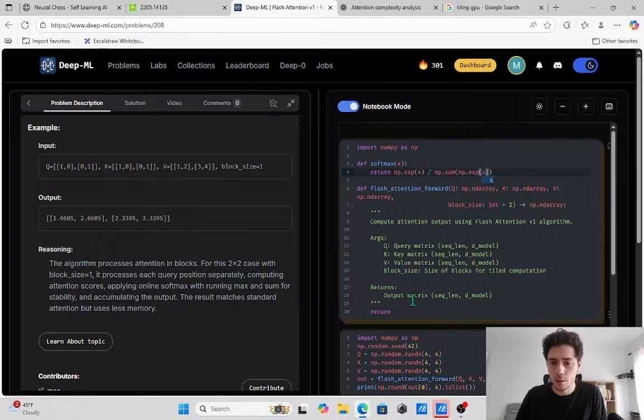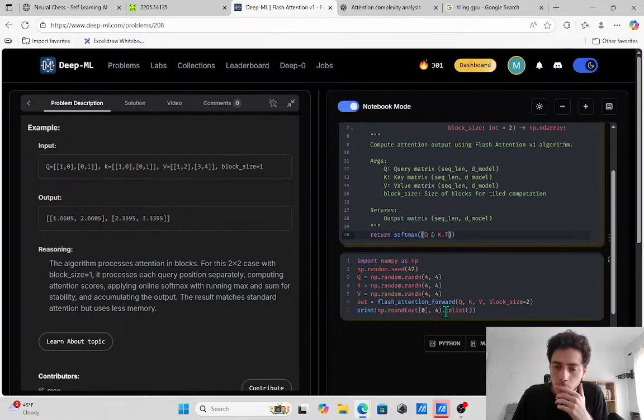We're looking to get softmax of Q dotted with K transpose, all divided by the square root of the dimension.